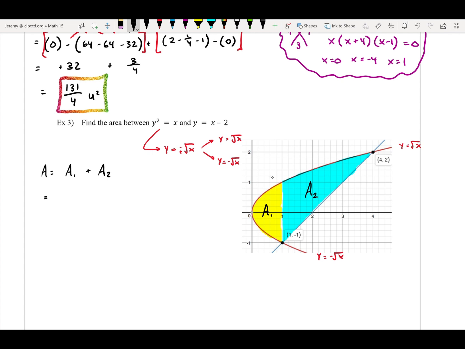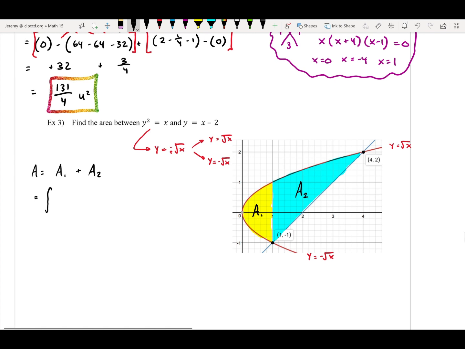So the first one, area 1, the limits of integration, what are they going to be? We're actually given these ordered pairs, so that's very nice. We have this ordered pair here, (1, -1). We have this ordered pair here, (4, 2). Those are the intersection points. So for area 1, remember, we're just looking at the x values because we're integrating with respect to x.